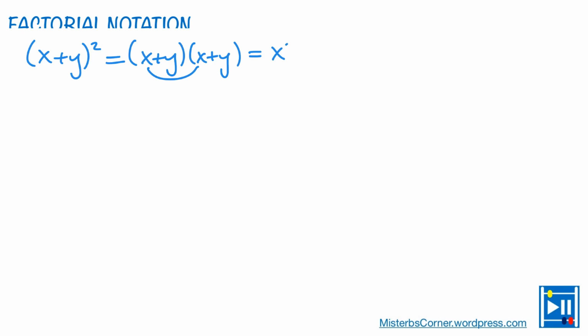Now, what does it have to do with binomial expansion? Well, if you consider (x plus y) squared, which means x plus y times x plus y, we're going to expand these like x times x, x squared, x times y, xy, y times x.